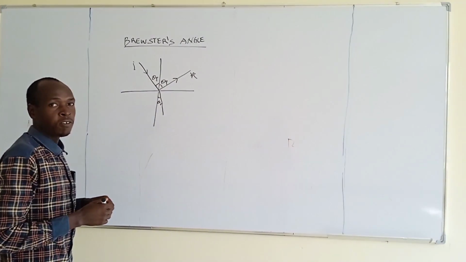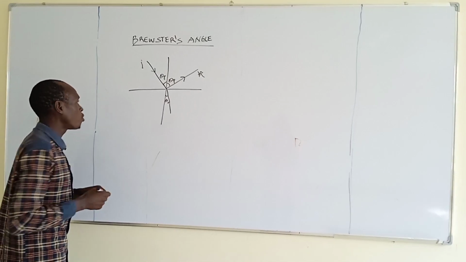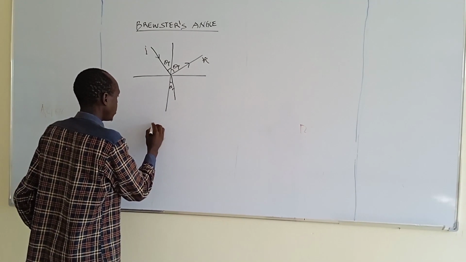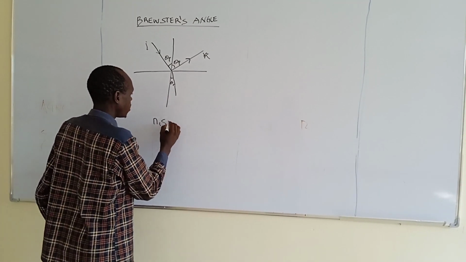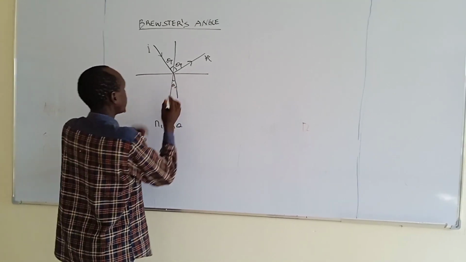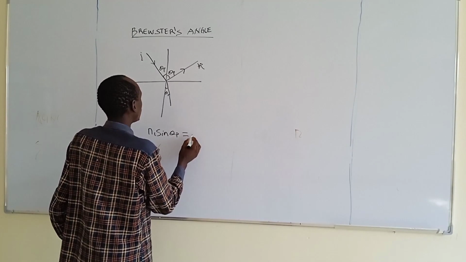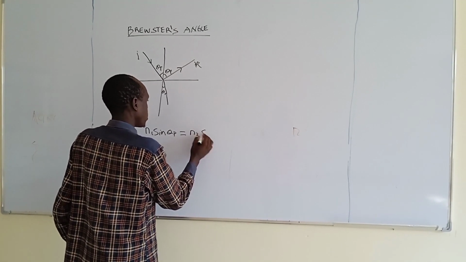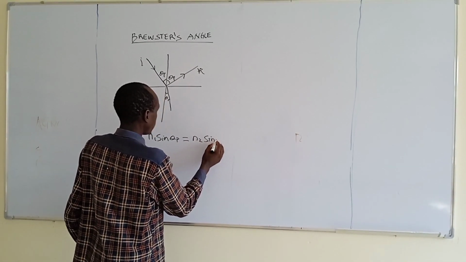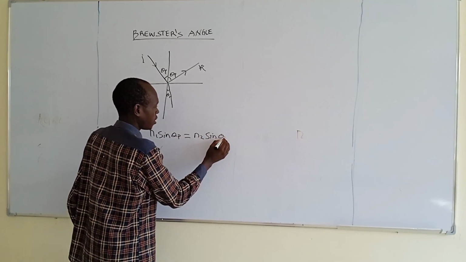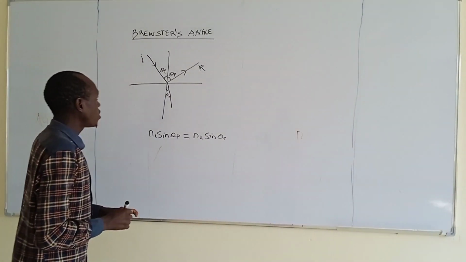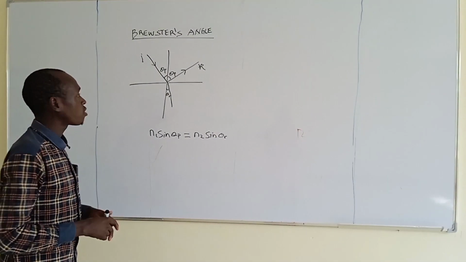Now, from Snell's law, we know that n1 sine theta p, which is our incident angle, is equal to n2 sine theta r. So this is from Snell's law.